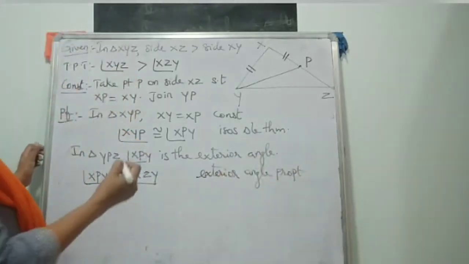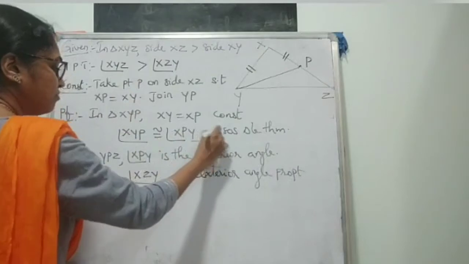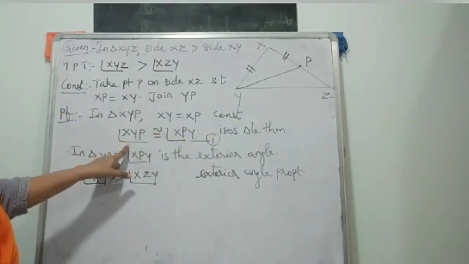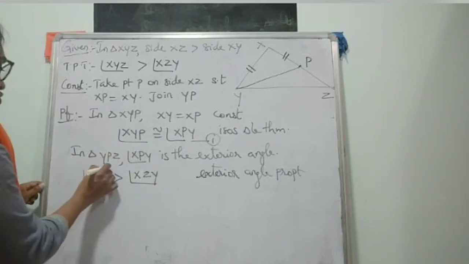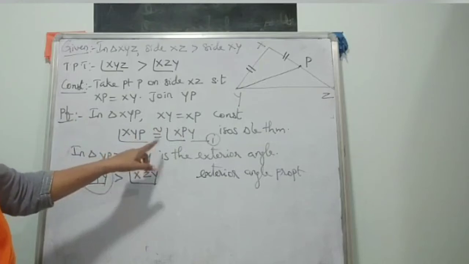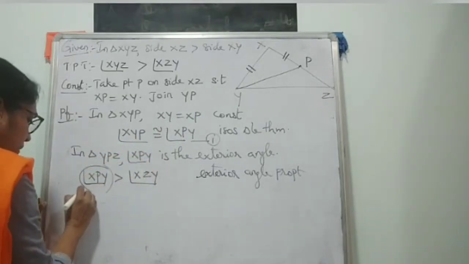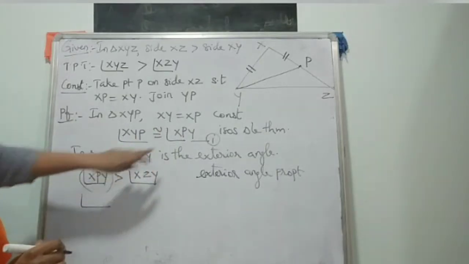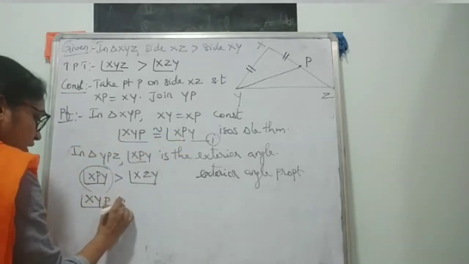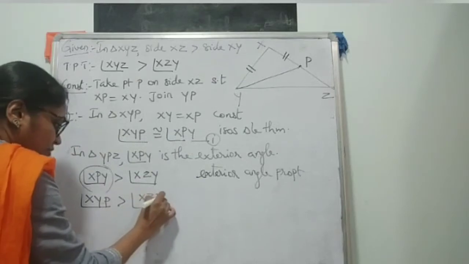Now if I mark this as my equation 1, you can see that XPY is congruent to XYP. So in place of angle XPY, I can substitute angle XYP. In the next step, in place of XPY, angle XYP is greater than angle XZY.